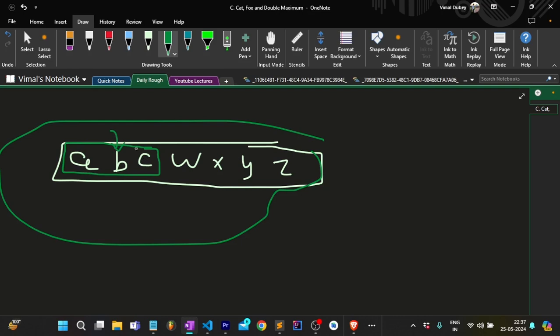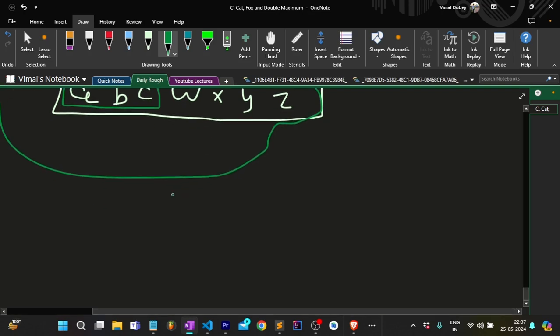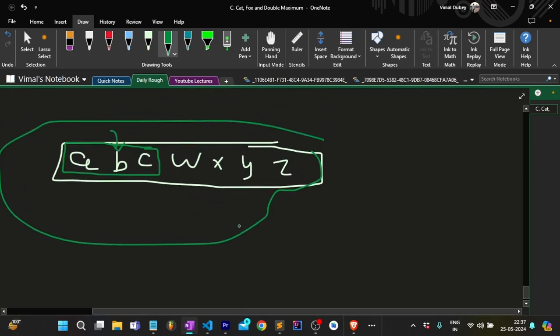Let's suppose first of all I have chosen the first 3 elements, the triplet A, B, and C, and I have written ABC in sorted manner.